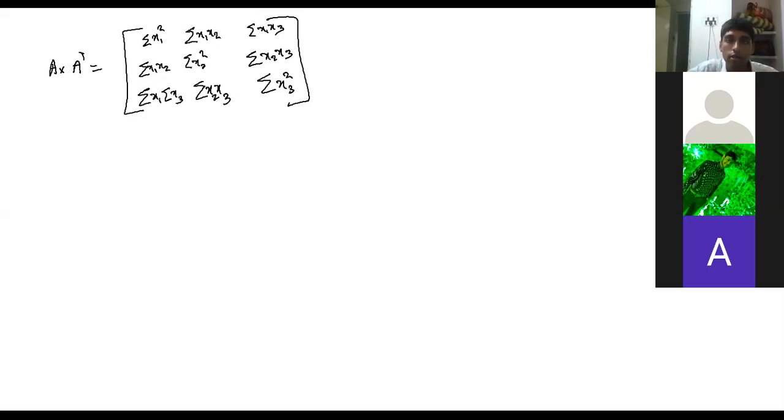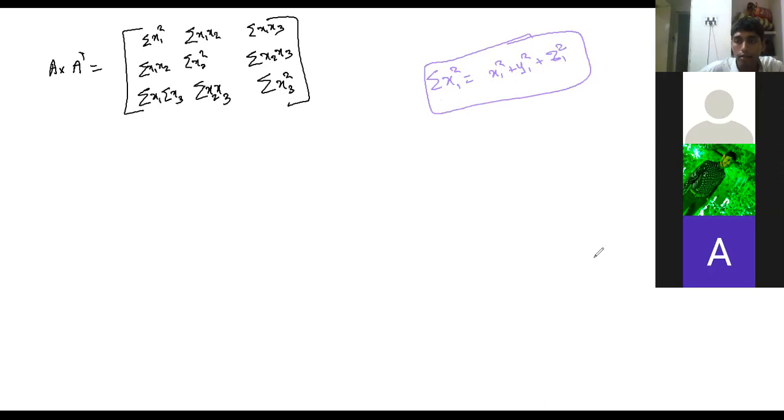Can you please explain the summation elements? Which element? Exactly, if you tell me, I'll explain. Amisha? How are you writing the elements in the form of summation? Sigma x1 square is nothing but x1 square plus y1 square plus z1 square. This is what I mean.